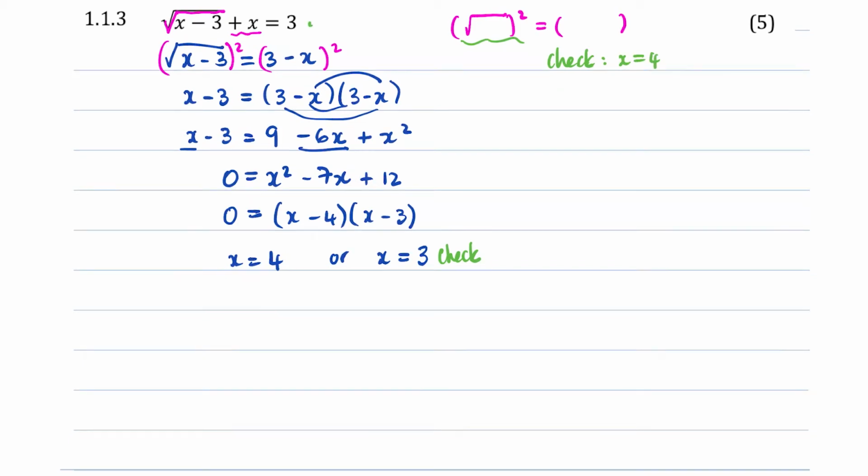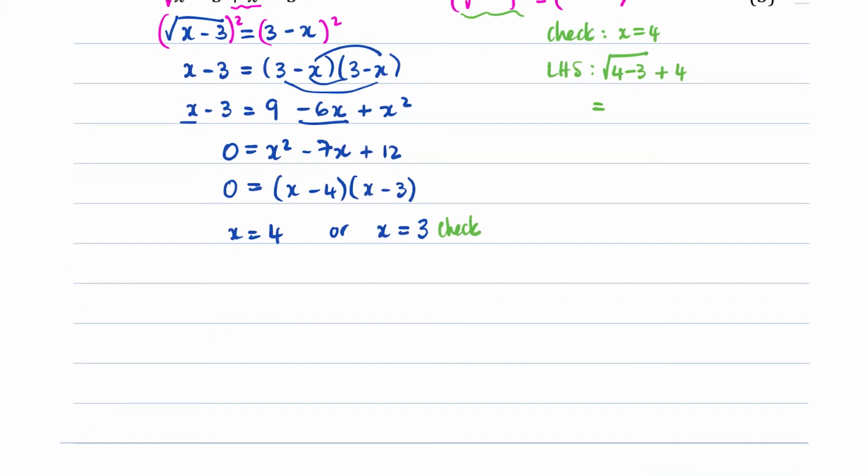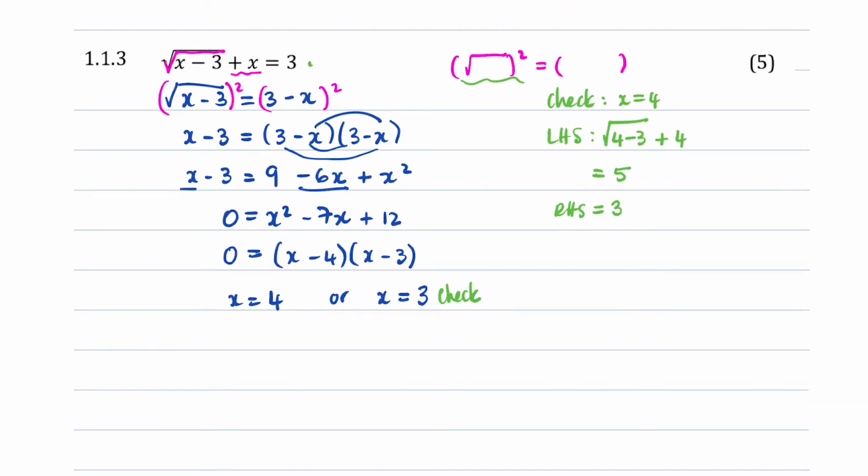On my left-hand side, going right back up into the original equation, I'm going to have the square root of 4 minus 3, but then I need to add x. I need to add 4 again. Well, what does this give me? 4 minus 3 is 1. The square root of 1 is 1. And 1 plus 4, well, that's 5. But my right-hand side was given as 3. So therefore, x equals 4 is not a valid solution. That doesn't work back up in the original equation. All right, let me go and check.